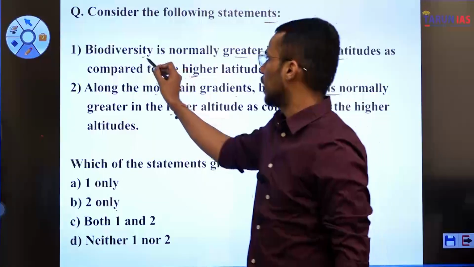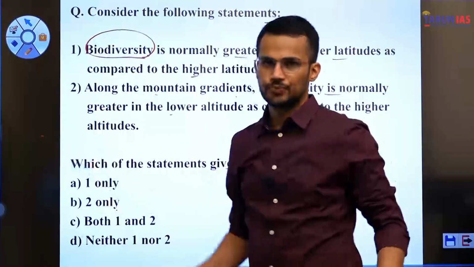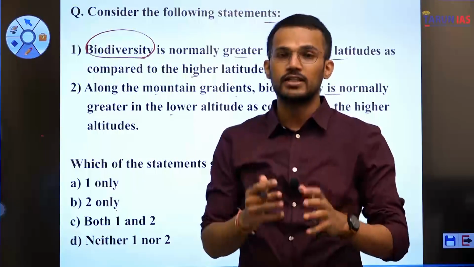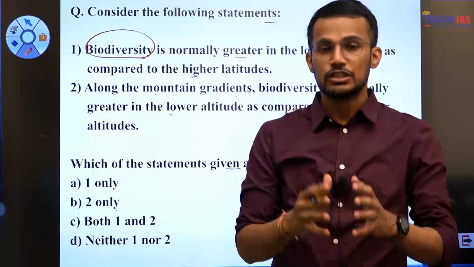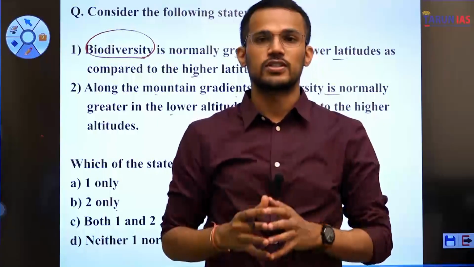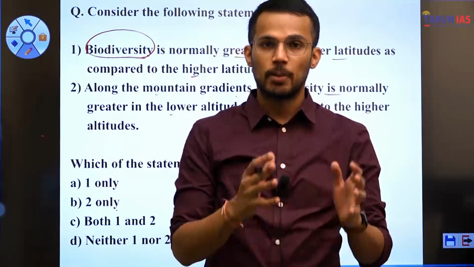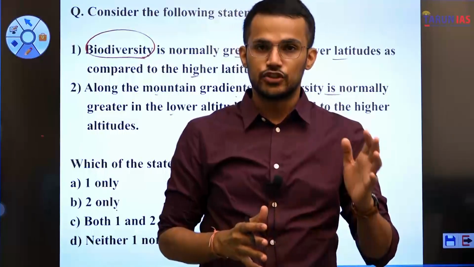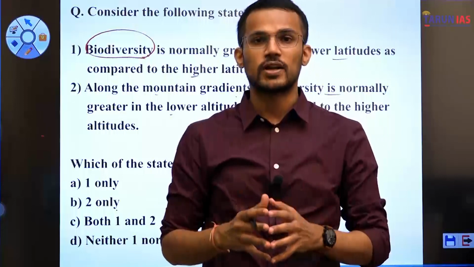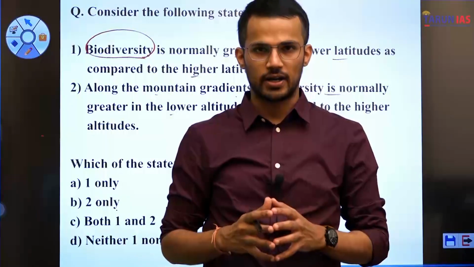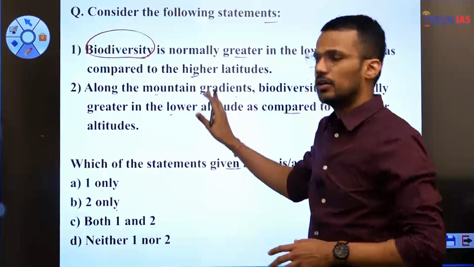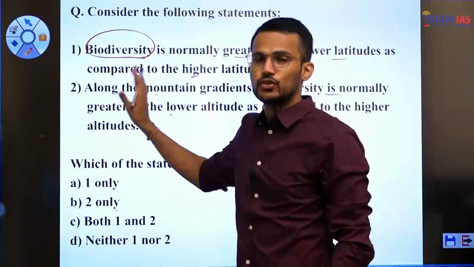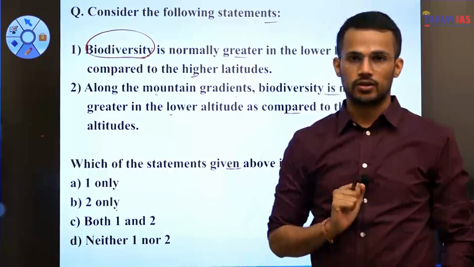This question is about biodiversity. Though we know that biodiversity is a variety of species, genetic, and ecosystem diversity. Fine. So biodiversity consists of three different varieties: genetic variety, species variety, and ecosystem variety. But though on the face of it, it looks like this question is related to biodiversity, it is not.